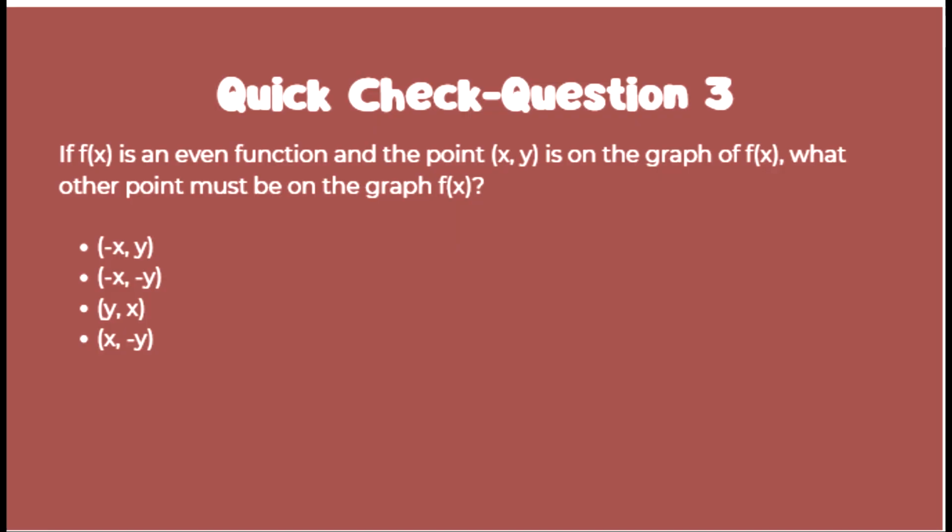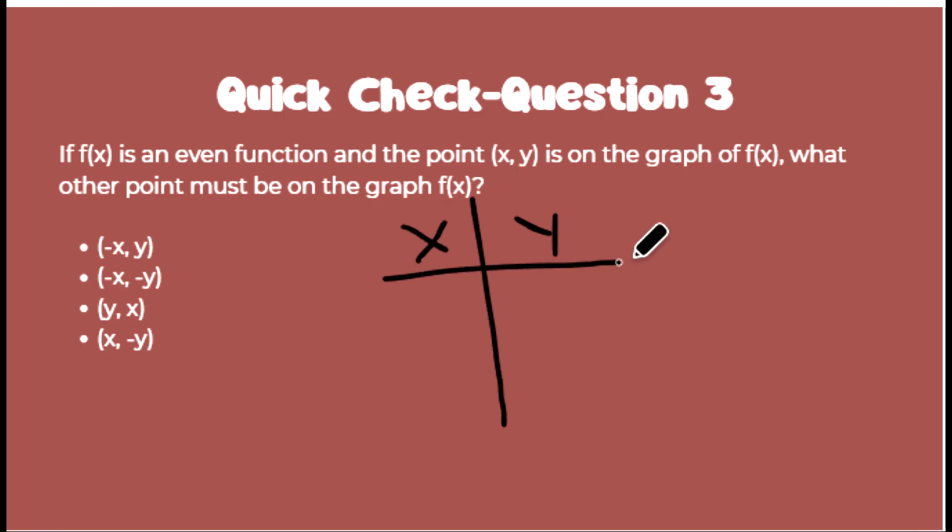Okay. Quick check question number 3. If f of x is an even function and the point (x, y) is on the graph of f of x, what other point must be on the graph of f of x? Okay. So remember, if we have our little chart, we have x and y.